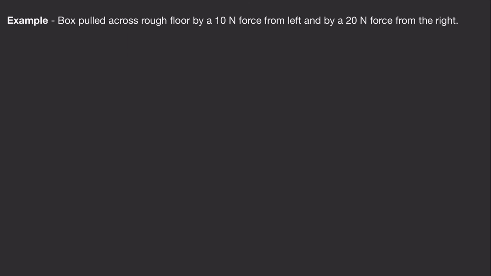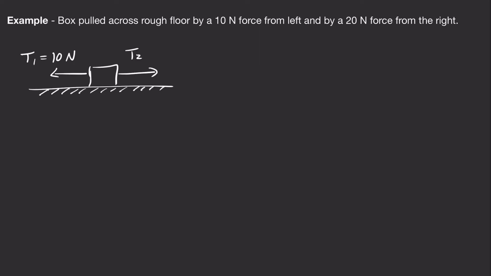Next example, we have a box pulled across a rough floor. So I'll draw a box and a rough floor. It's pulled by a 10 Newton force from the left, call that T1, and a 20 Newton force from the right, so we'll call this T2 equals 20 newtons.